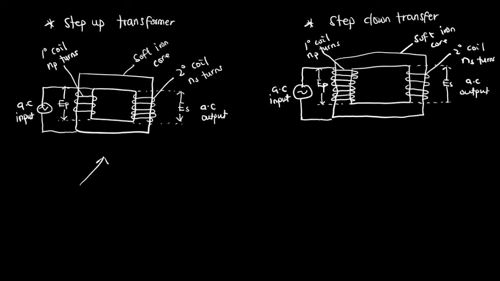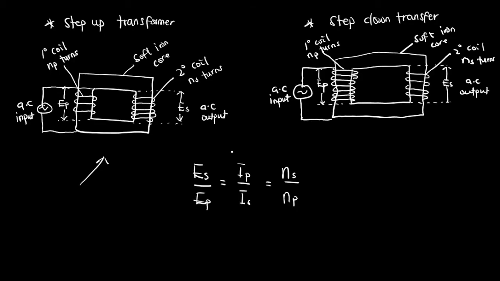Now that we know what a transformer is, we've seen the details, we've seen the formula that we will be using. We said that the secondary EMF over the primary EMF is equal to the primary current over the secondary current, which is equal to the number of turns in the secondary coil over the number of turns in the primary coil.